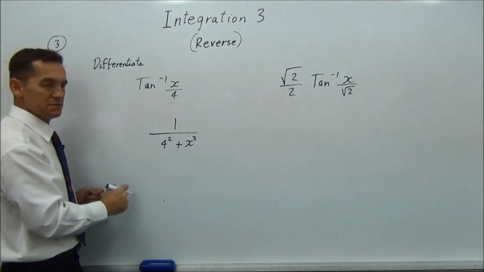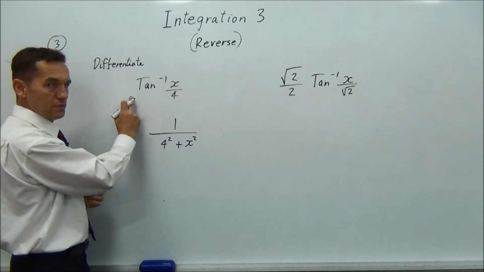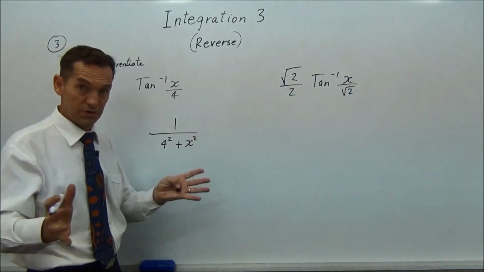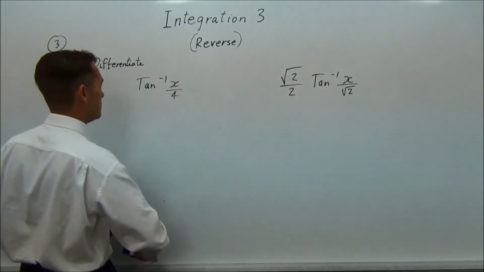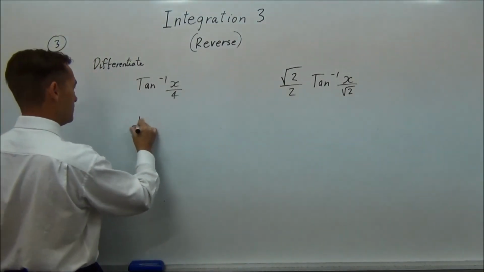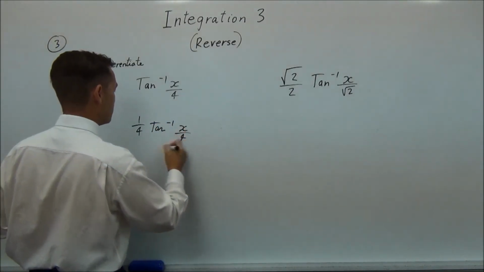The only problem is that isn't that, because you're missing the 1 over 4. So what should you do? Put it in. So instead of differentiating that, differentiate 1 over 4 tan minus 1 x over 4 and put that in.